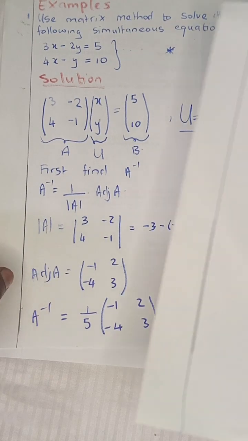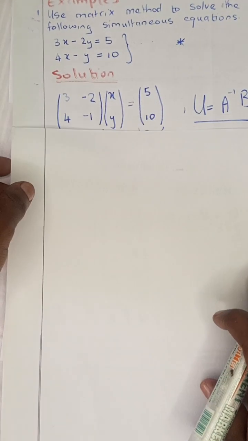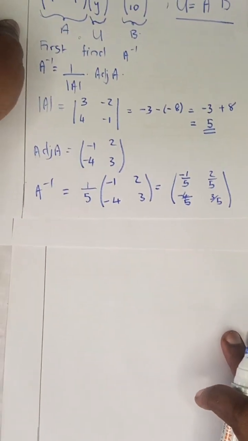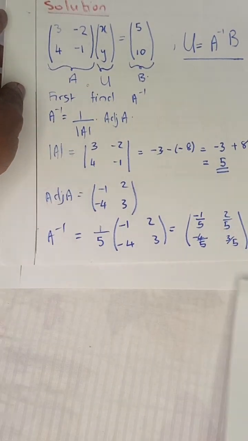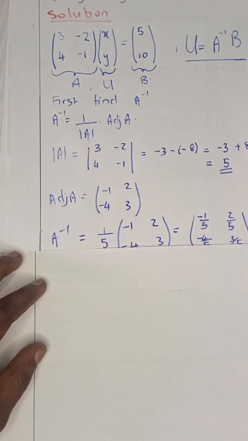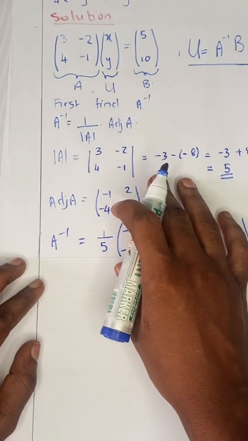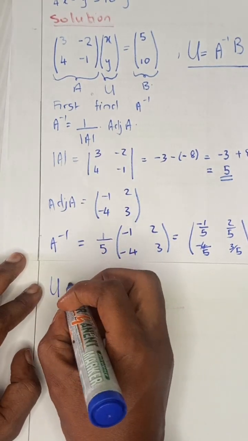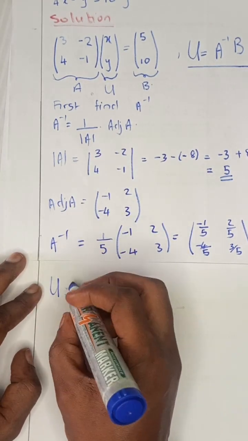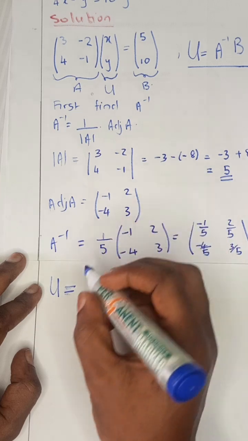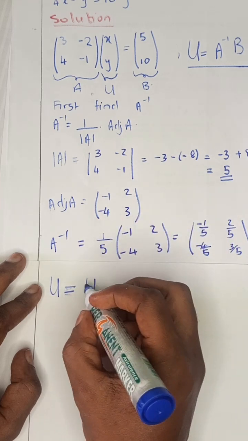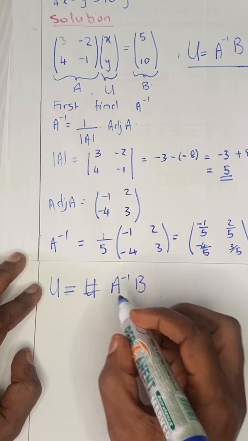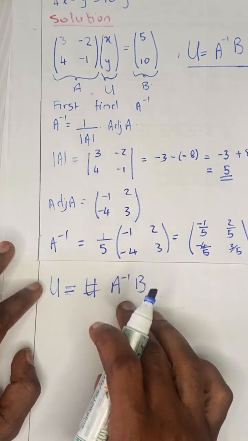We are halfway gone with the solution of our problem. Next, we need to do what we call matrix multiplication in order to get U. So again, we write out what we aim at doing so that we can follow up. We are looking for U, and this is A inverse B. We already have A inverse, we have B. We fit it in here.